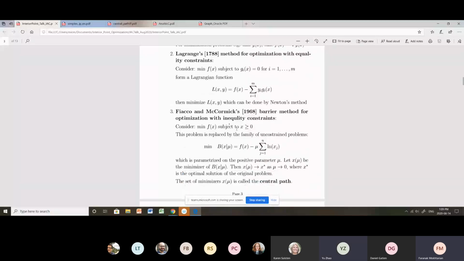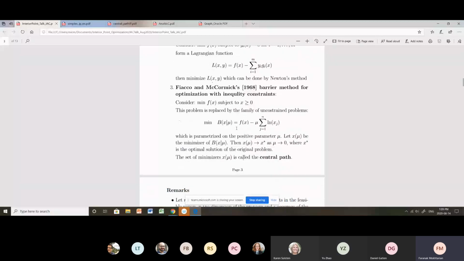The third thing that is used in interior point methods is the method of Fiacco and McCormick from 1968. It's called the barrier method, and that takes care of the inequality constraint. So if we have to minimize an objective function subject to, I only chose the simple inequality constraint of all the variables being non-negative, then how are these inequality constraints taken care of?